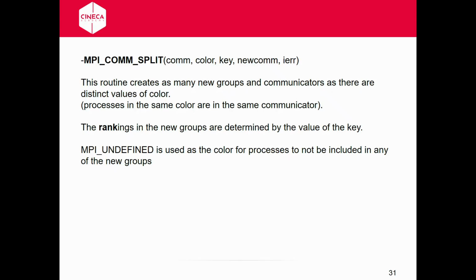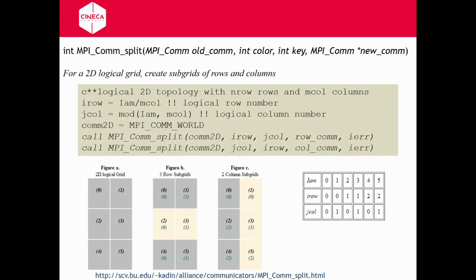We can intend colors in a large way. I will show you with an example what color means for us. We can also rank the new group using the colors with this command, and this is a typical example of the use of colors.